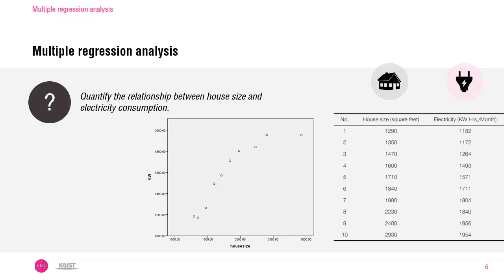So in such a case, a curved regression model is more expected than a linear regression model. Also, it is predictable that a curved regression model will have a larger R-square value.